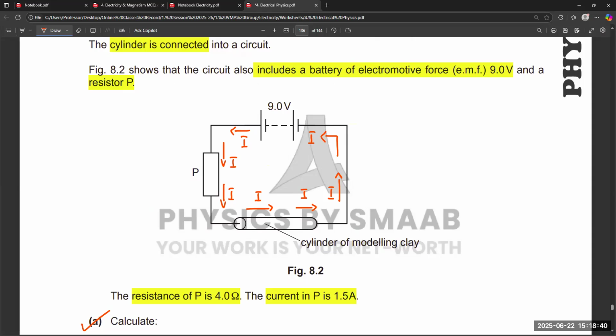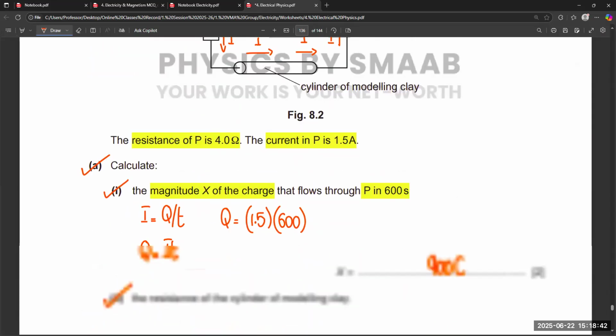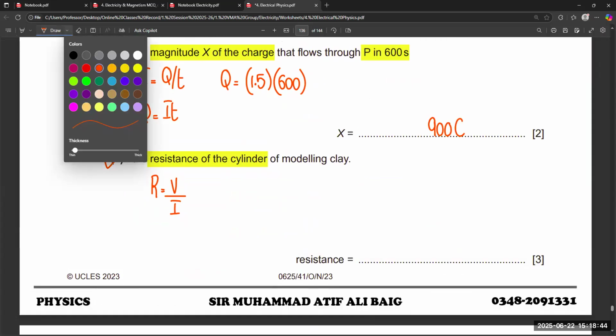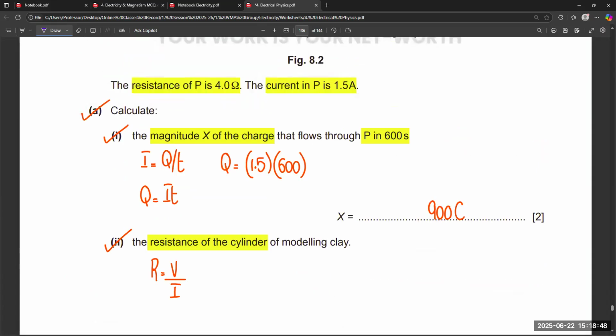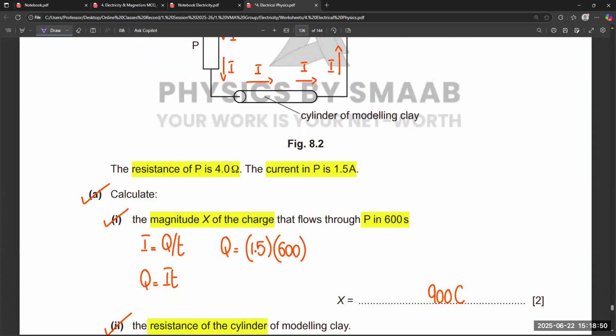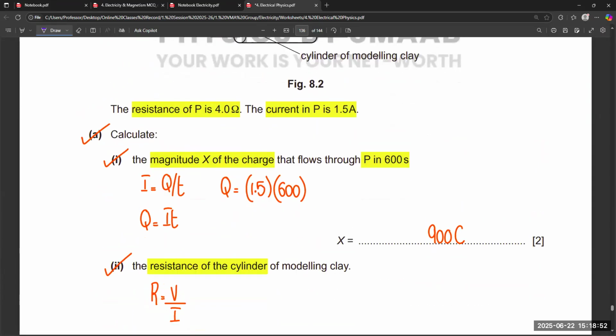So first of all, we have to find out the voltage of P. They are talking about resistance, and we know the value of electric current.